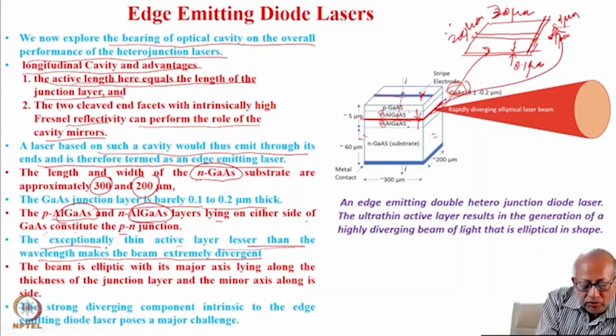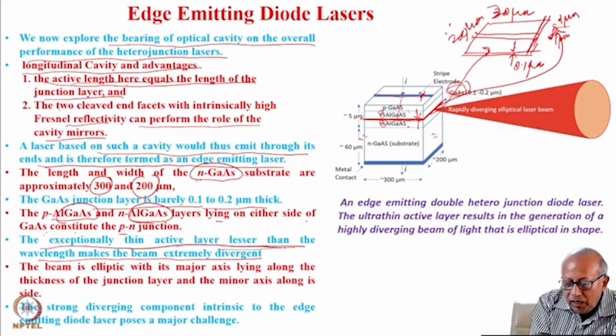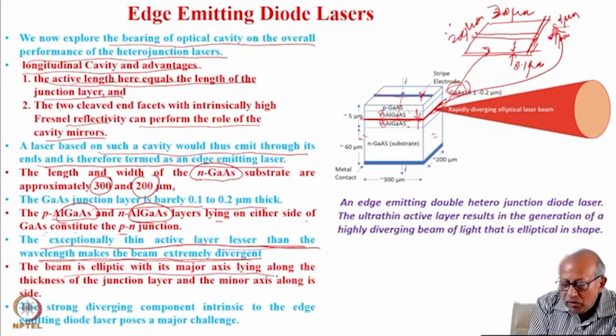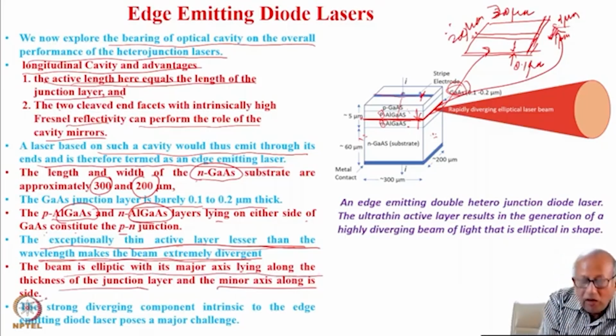So this exceptionally thin active layer, thinner than the wavelength, makes the beam extremely divergent. The beam is elliptic with its major axis lying along the thickness of the junction layer and the minor axis along its side.